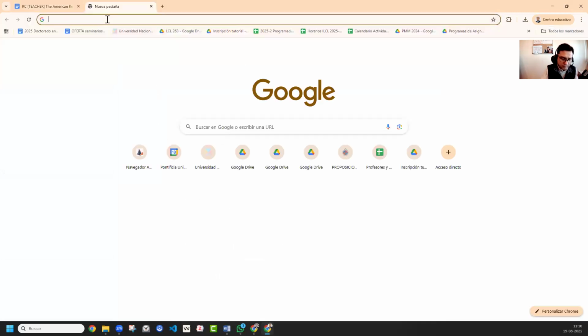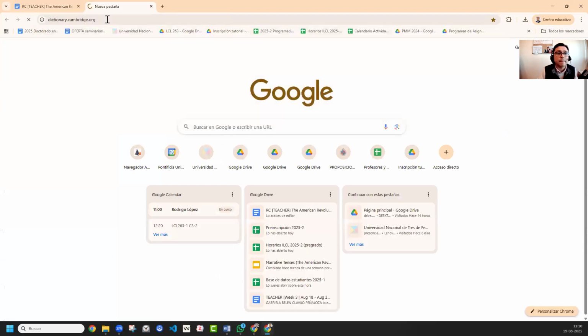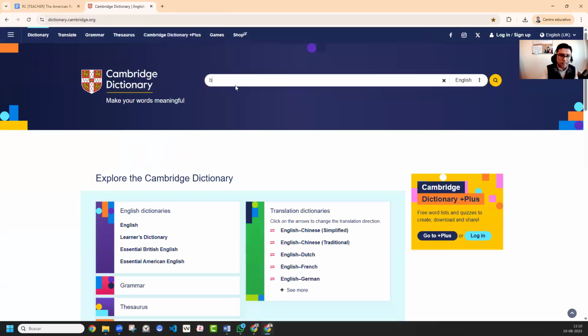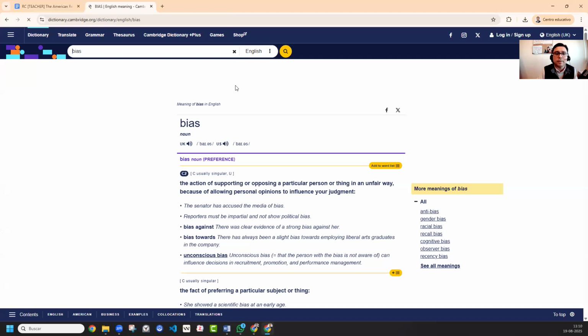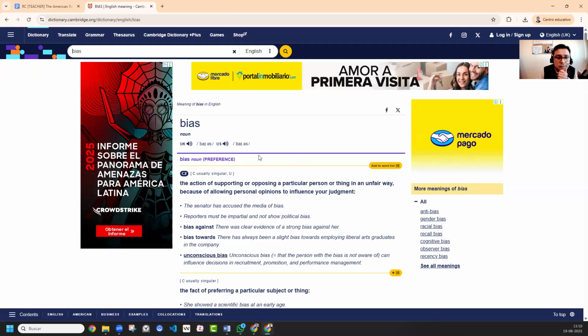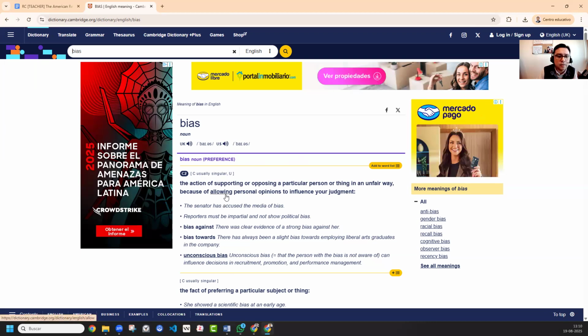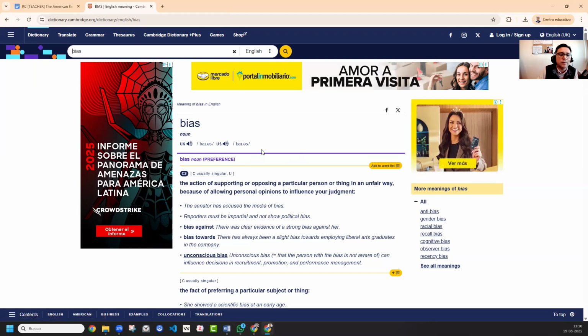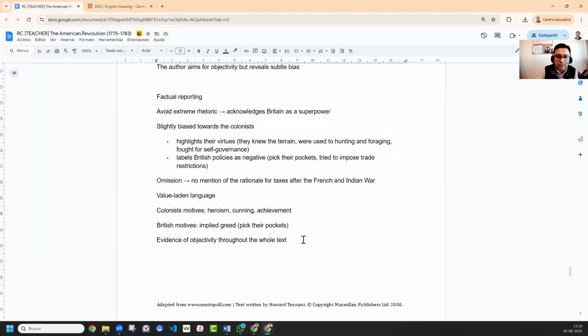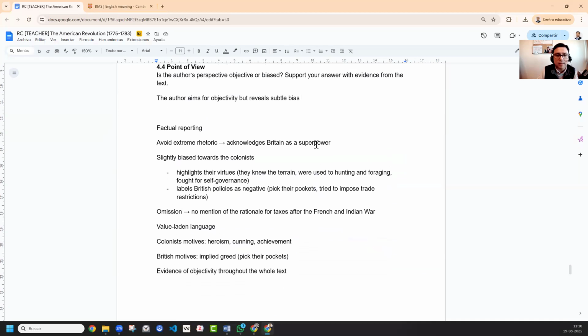I will double check that with my dictionary. By the way, this is a dictionary that I like. Bias: preference. Countable, usually singular, and uncountable. So it can be used in either way. So I will use it as an uncountable.